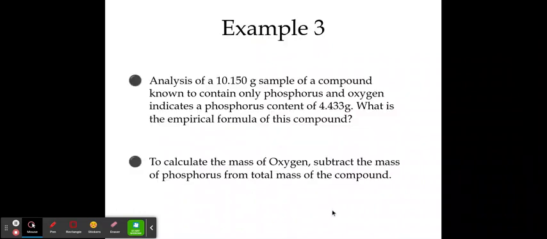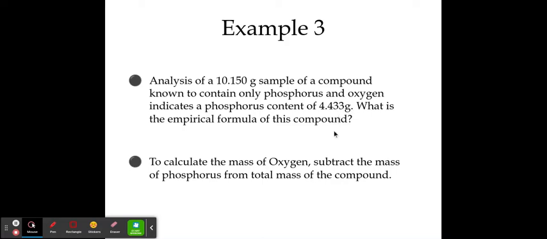Now, the last example is analysis of a 10.15 gram sample of a compound known to contain only phosphorus and oxygen. Indicates phosphorus content of 4.433 grams. Now, to calculate oxygen, it's very simple. We would subtract these two numbers, and you would get the oxygen. Okay.